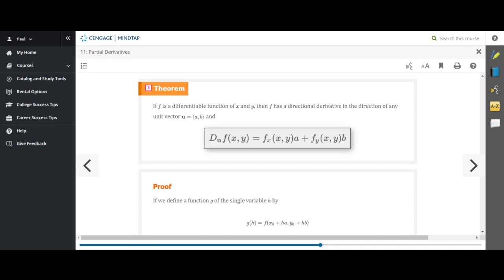Okay, so let me see if I can give you an intuitive feel for this, okay? All right, let me go to the whiteboard and write down that definition of the directional derivative of our surface.